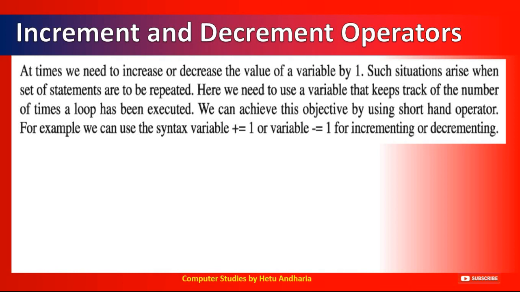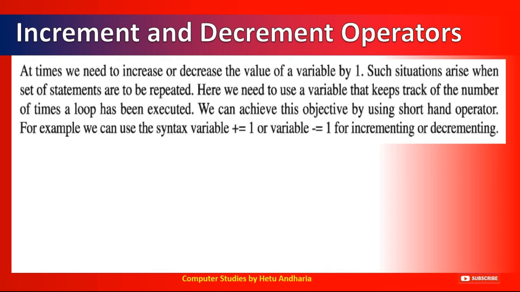At times we need to increase or decrease the value of a variable by 1. Such situations arise when a set of statements is to be repeated. For example, if you want to print the series of 1 to 100 numbers, then you don't need to declare 100 variables. You need to declare only one variable, and you assign the value 0.